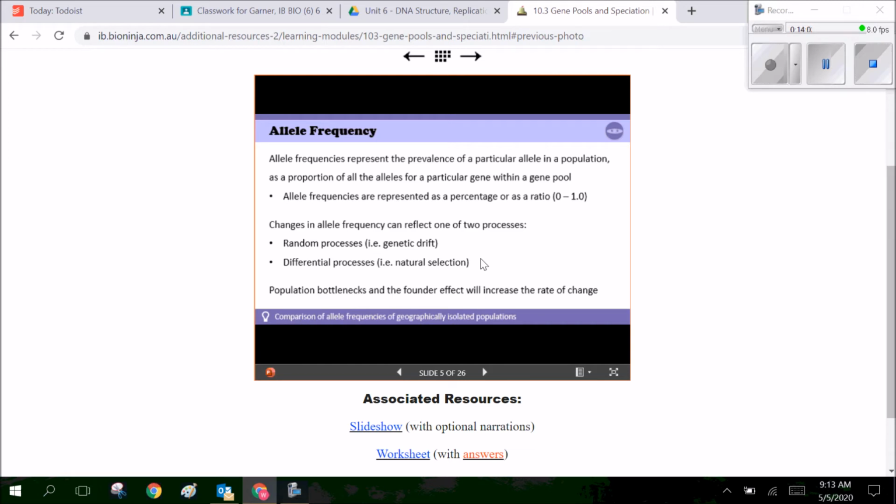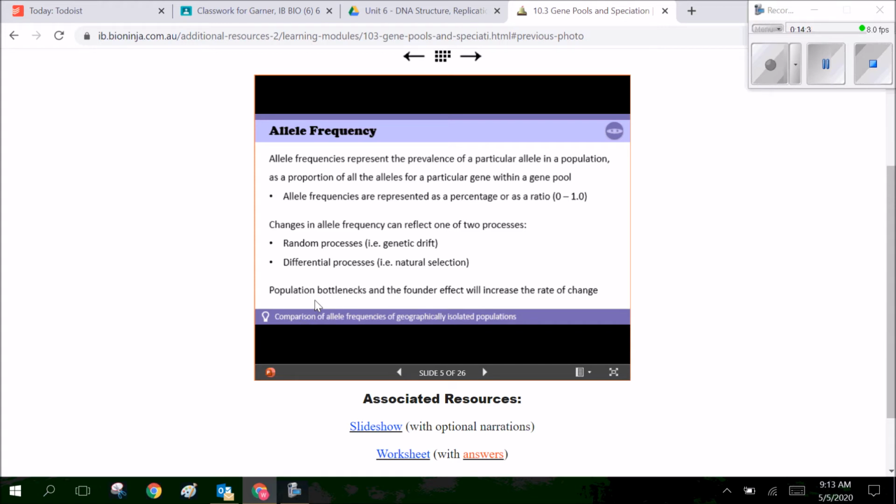Okay, so for instance here, if I was talking about natural selection, I would expect to see one of these allele frequencies rising steadily and going in a single direction. If it was wobbling all over the place or went up suddenly or went down suddenly, I might think, oh, maybe that's just random processes like genetic drift. But if there's a continuous directional change, or if I see it changing in conjunction with something in the environment, that's more likely natural selection.